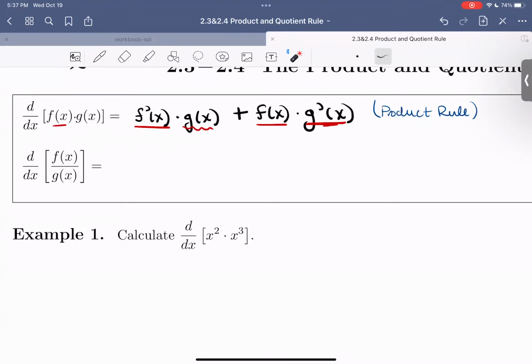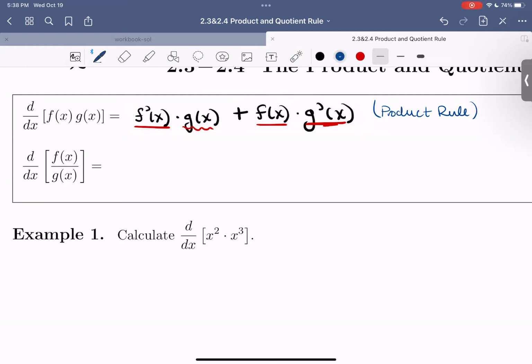If you'd like to see how that's done, you can look in our textbook. You can also Google something like proof of the product rule, and you can probably find a video or some other resources showing how it's done. I'm also happy to answer any questions about it. But for us, we are concerned about using this rule, and how we use it is as written here. And we'll see some examples.